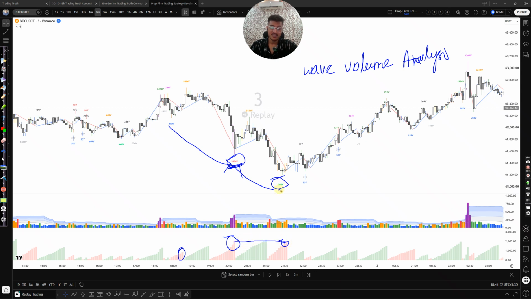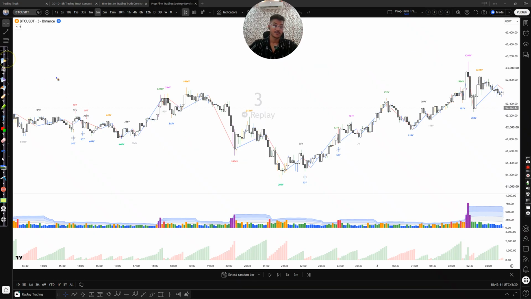So this is your wave volume divergence, meaning there was absorption happening here, buyers were stepping in, and that's why on less volume to the downside, price made a new low, which is a divergence event. So that's why this is colored green, meaning it's a wave volume bullish divergence.